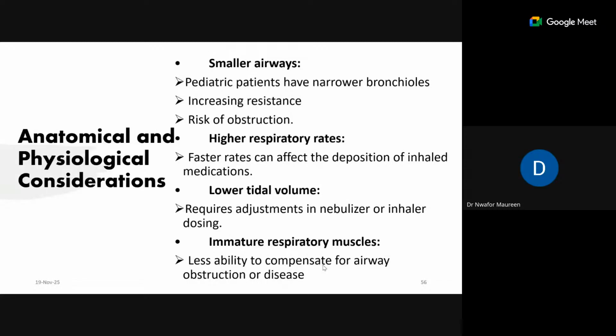So it's important that it's monitored and looked at when giving them to the pediatrics. They have lower tidal volume that requires adjustment in nebulizer or inhaled dosing. They have weaker muscles, less ability to compensate for airway obstruction or disease.